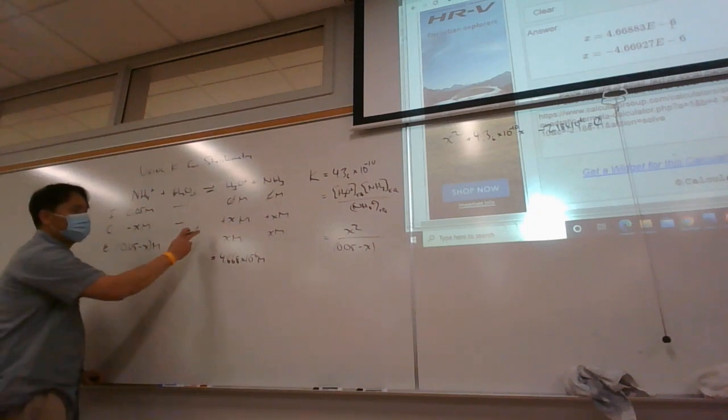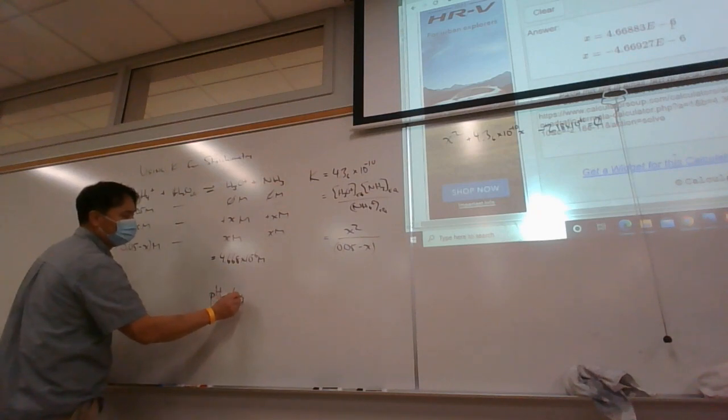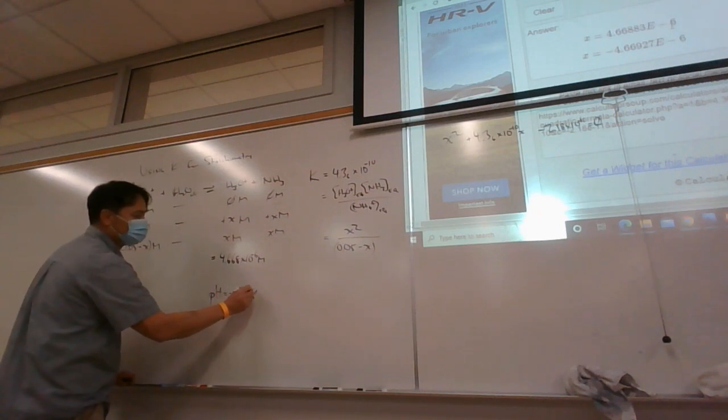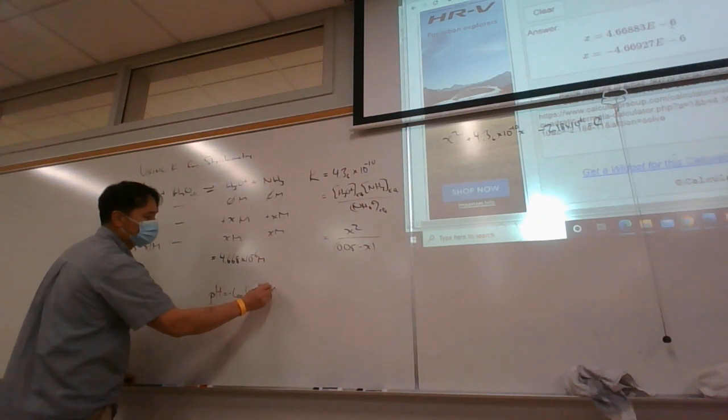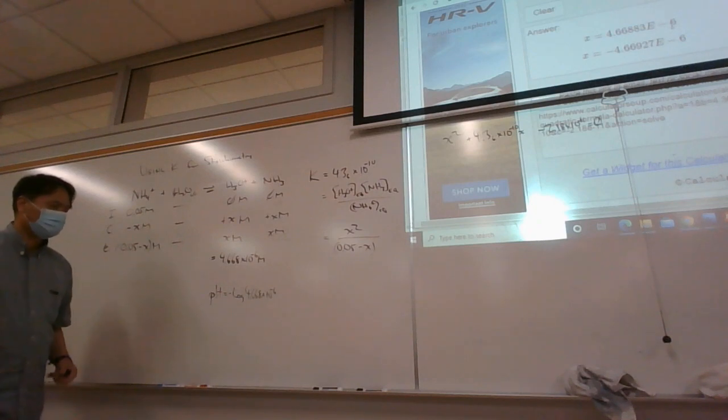But if I had this, then the pH is going to be equal to the negative log of this concentration. 4.668 times 10 to the minus 6. So let me go ahead and calculate that.